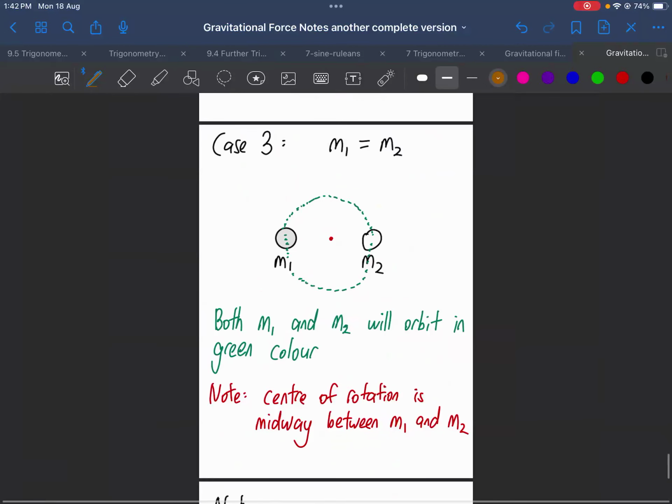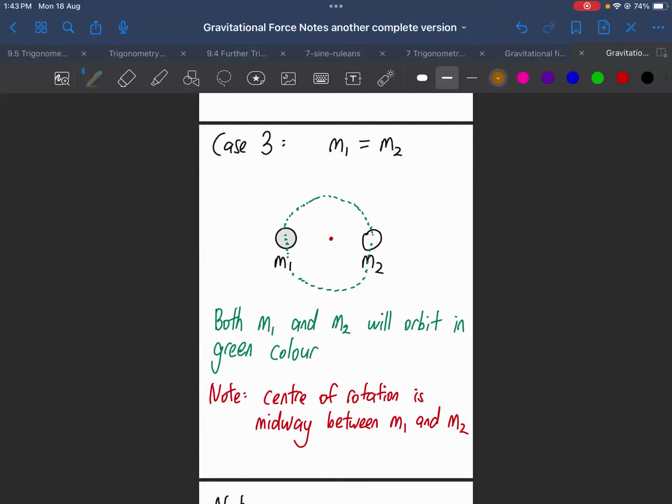Finally, if both of them have the same mass, then both of them will share the same circle. And according to the story just now, we don't have to worry that the two objects will collide, because they will try to maximize the distance from each other in a circle. They won't collide, all right?